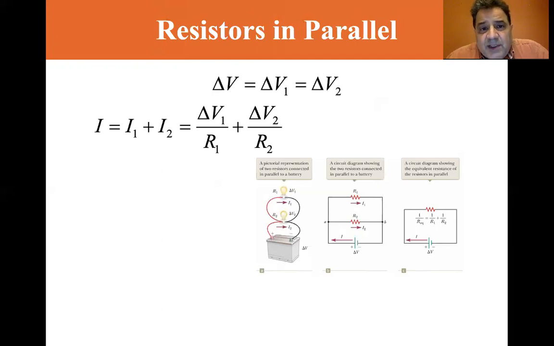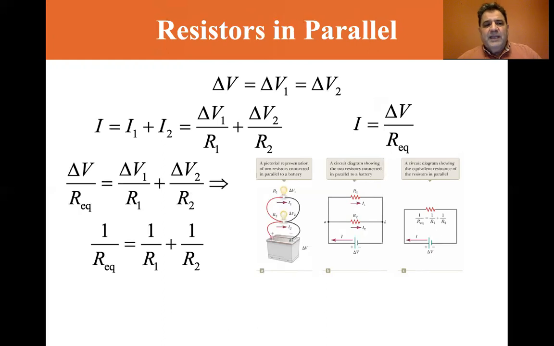Well, since delta V1 equals delta V2, that's equal to delta V times 1, open paren, 1 over R1 plus 1 over R2, close paren, and that's how we get it.